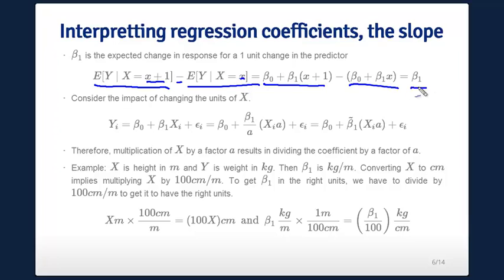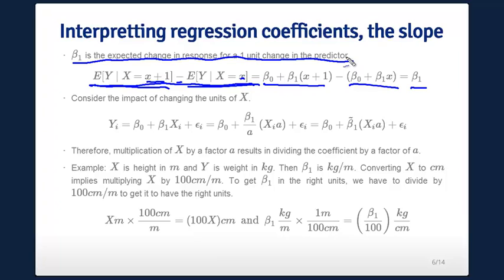Do the arithmetic out, that's beta 1. So if we interpret this correctly, beta 1 is the expected change in the response per 1 unit change in the predictor. We talked about what shifting x does: shifting x doesn't change the slope, it only changes the intercept.